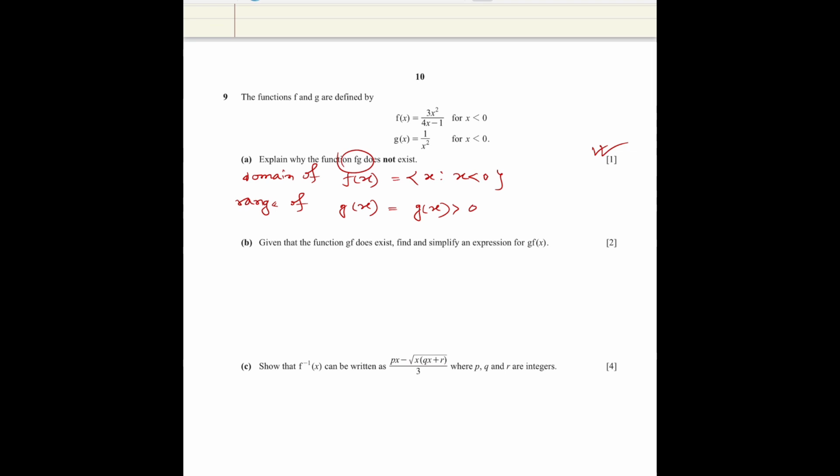And given that the function g of f does exist, find and simplify an expression for g of f of x.